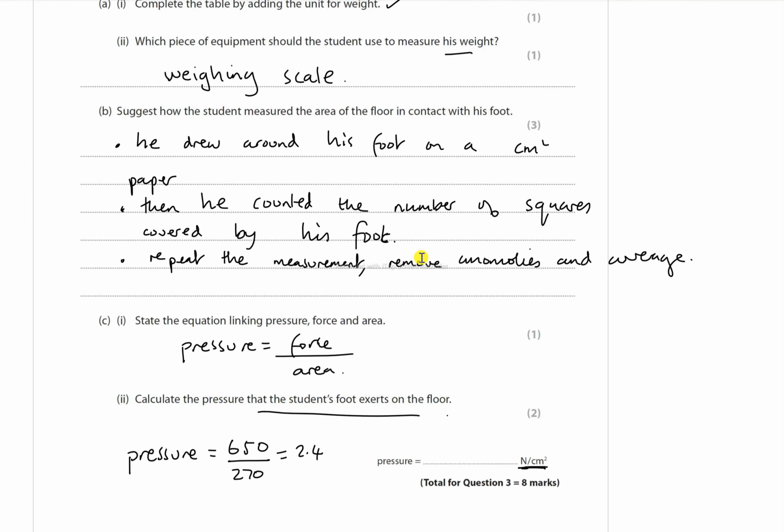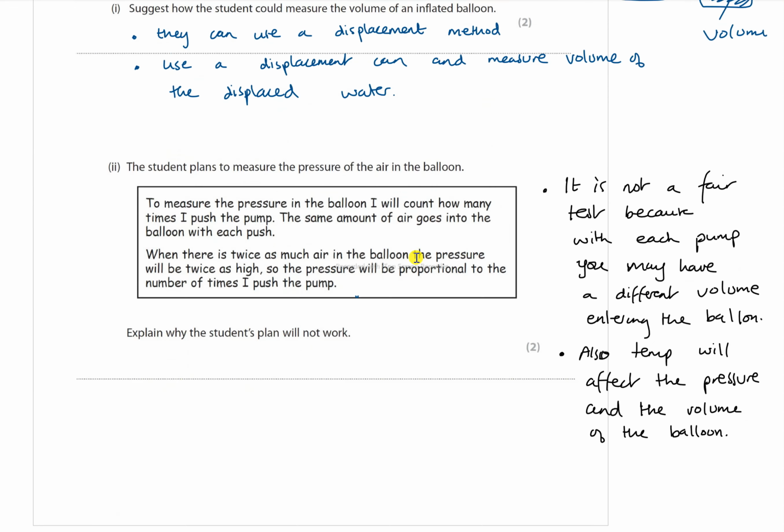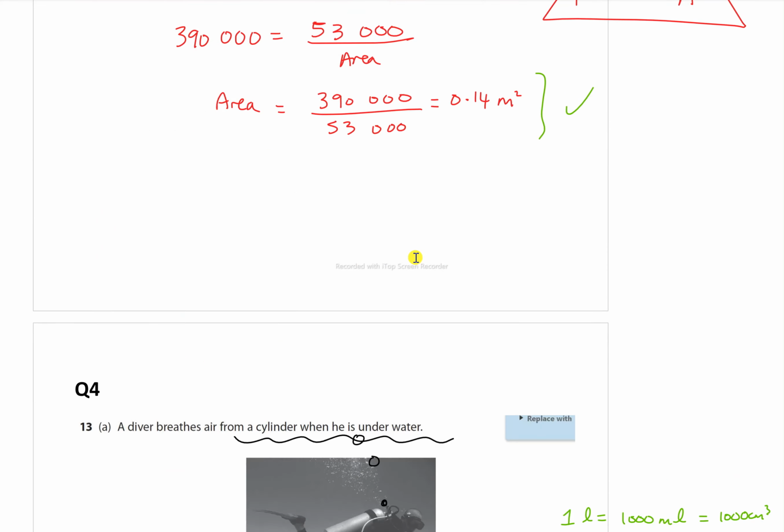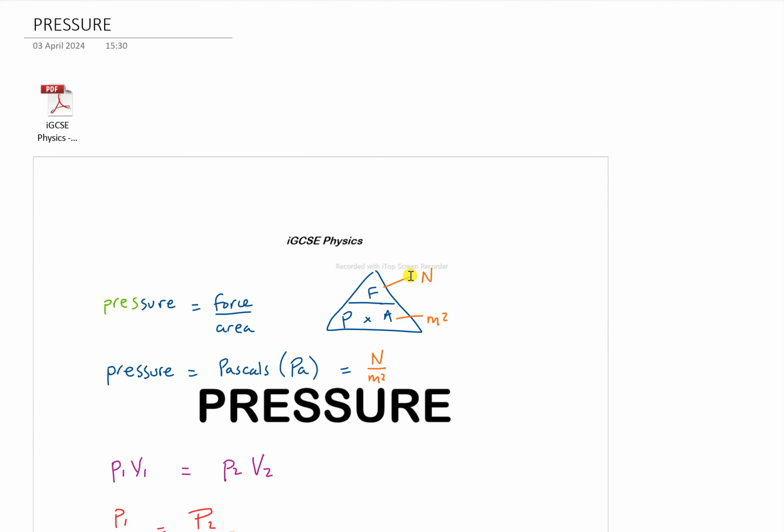Right, okay. What else have we done here? Oh, pressure is rho g h. Let's go up there and fill that in.